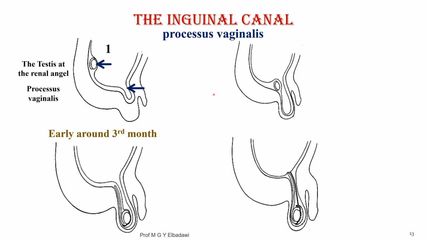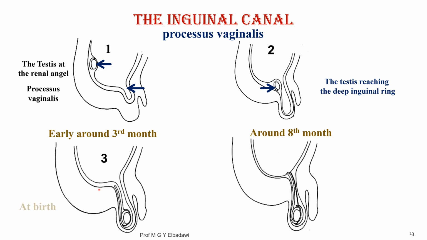The second stage, which is almost around the eighth month, the testis is almost at the deep ring. The processus vaginalis fills the whole cavity of the scrotum, but is still connected to the peritoneal cavity.